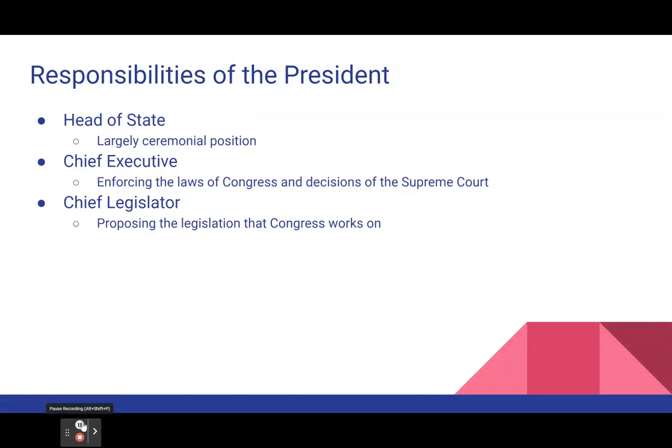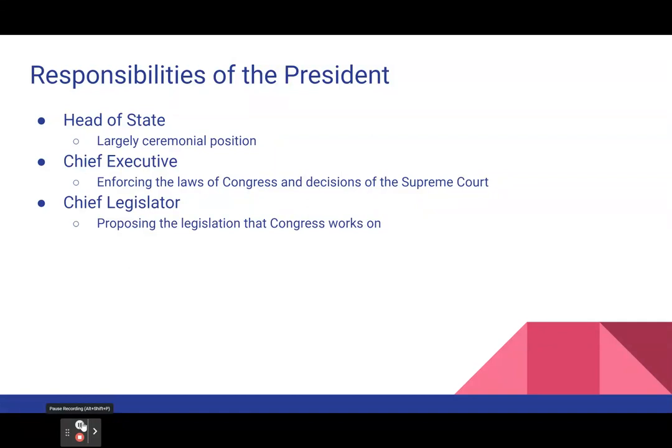When we look at how the veto has been used historically, the first six presidents of the United States, from George Washington all the way to John Quincy Adams, used the veto very sparingly. If you look at all six of them, they used it a total of 10 times.